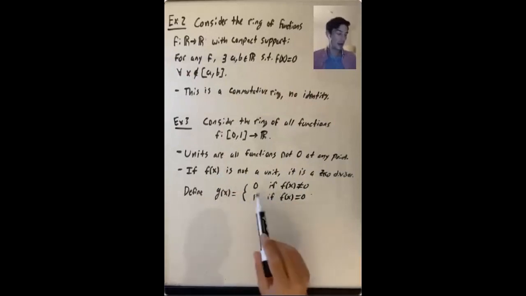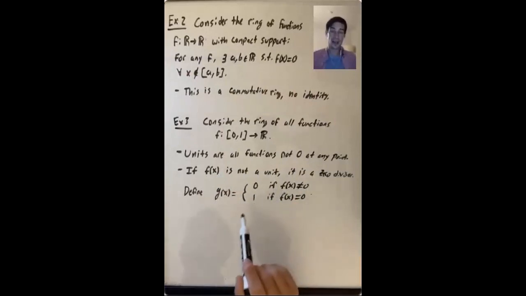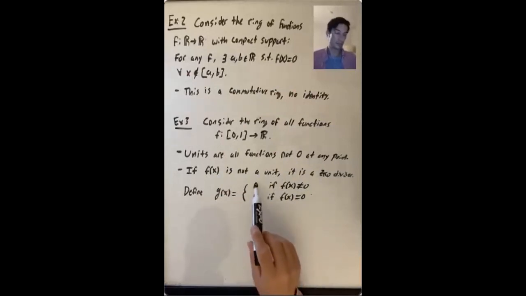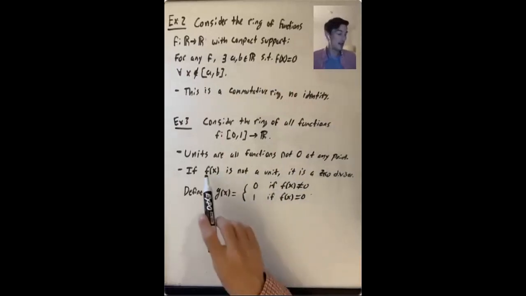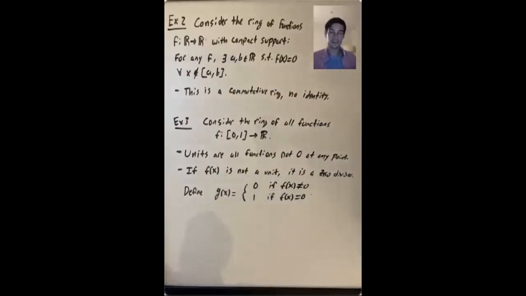But from how we've defined it, the product, f times g, is 0. So we have this product of two non-zero functions that is 0, which means f is a 0 divisor. So we know that in general, it's just not true that in an infinite ring, every element is either a unit or a 0 divisor, but it is true in this case.